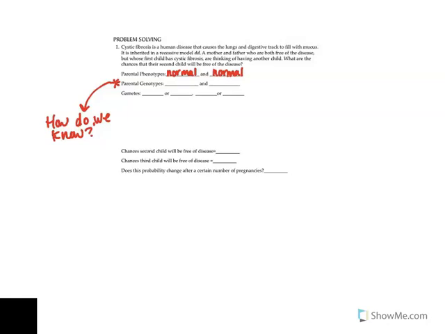Before I run a Punnett square, I want to clarify genotype to phenotype to help you guys see this, because we're going to kind of work backwards. So, to clarify, we have genotype, and over here I'm going to write phenotype.